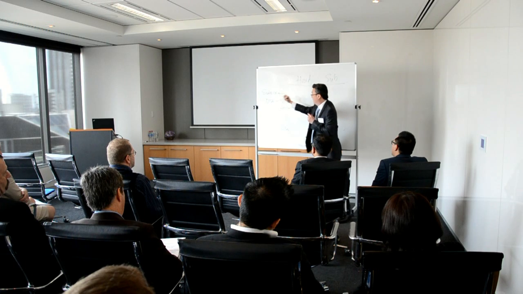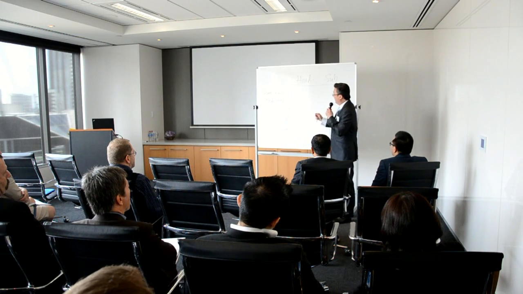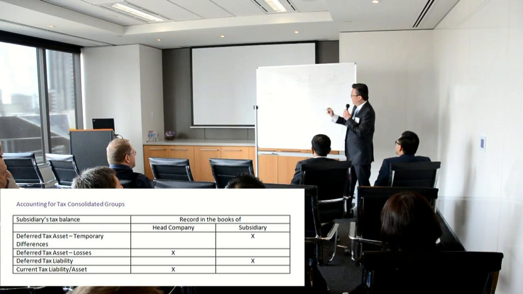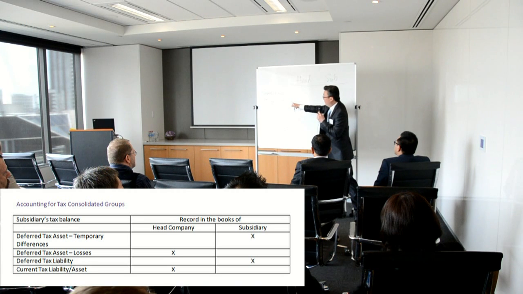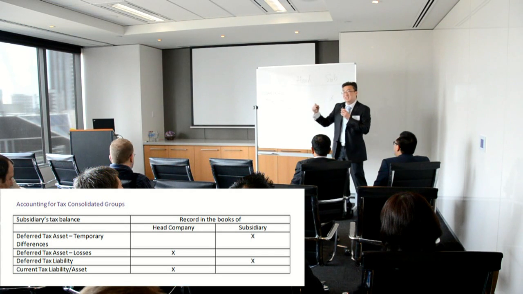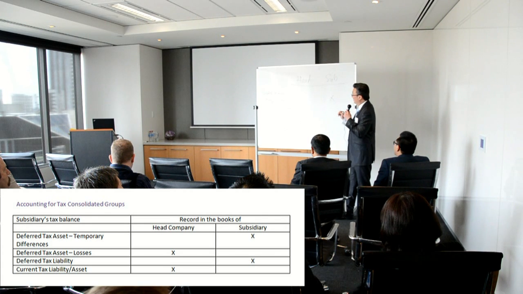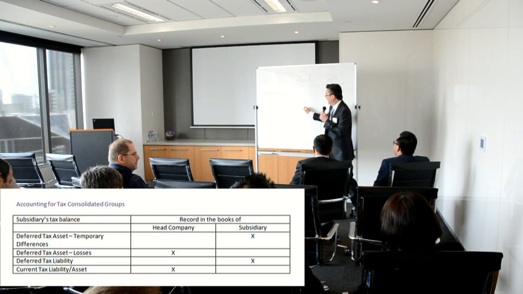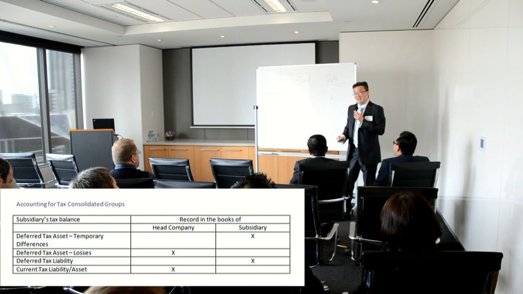Once you have calculated the subsidiary's balance, certain balances are immediately assumed by the head company. So the deferred tax asset for temporary differences stays in the subsidiary because it's based on the balance sheet of the subsidiary. So that stays there. The deferred tax asset for losses gets immediately assumed by the head company. Why?